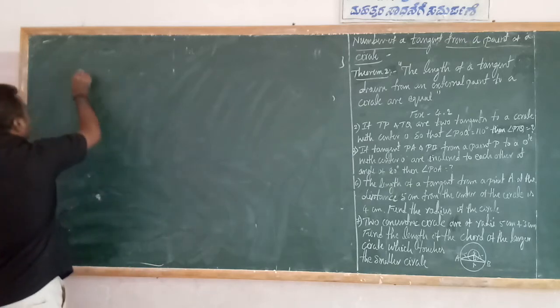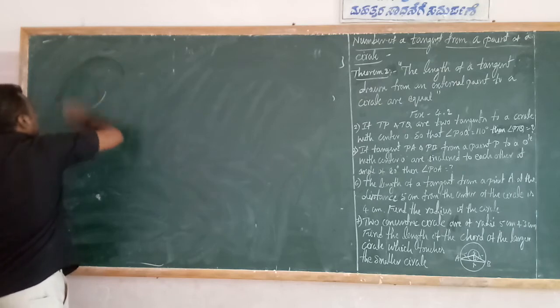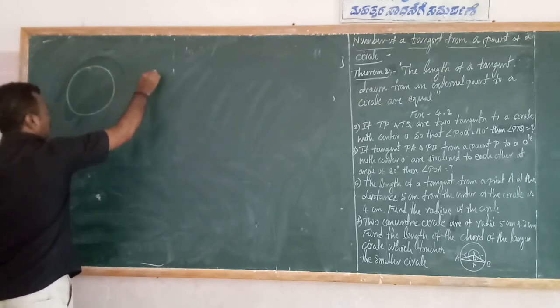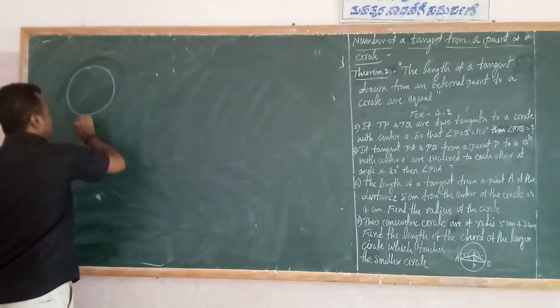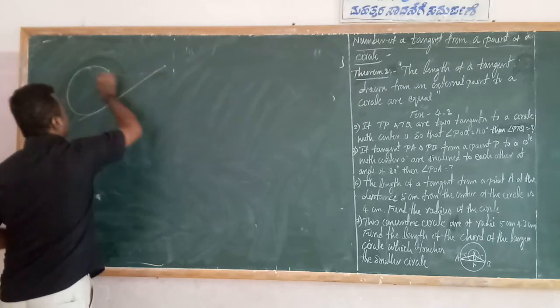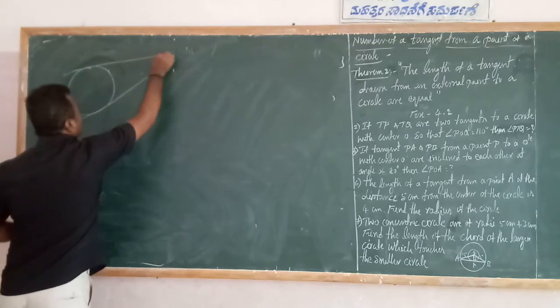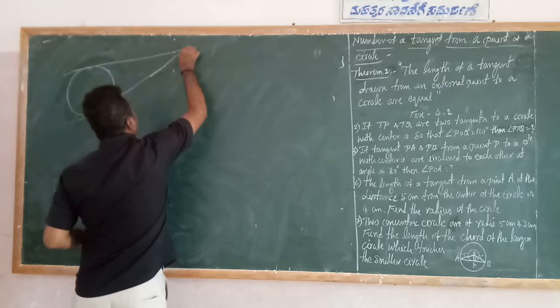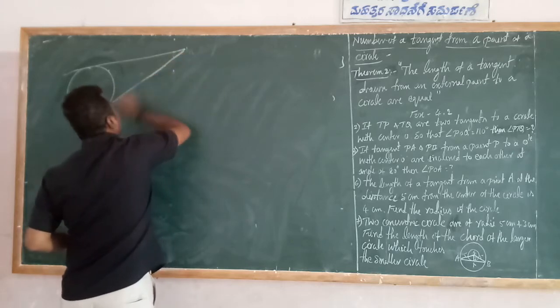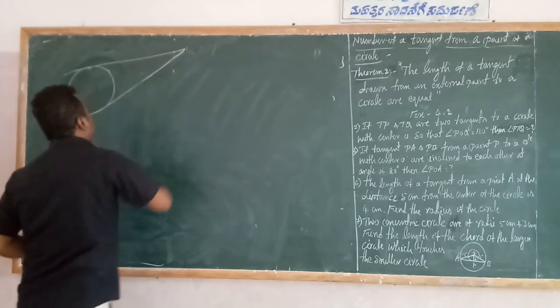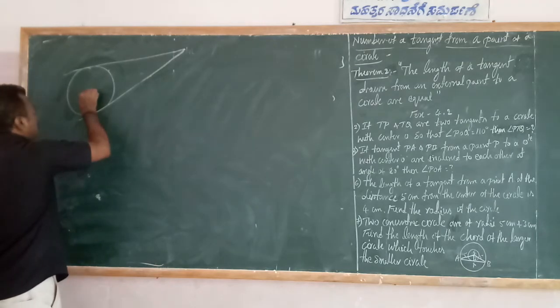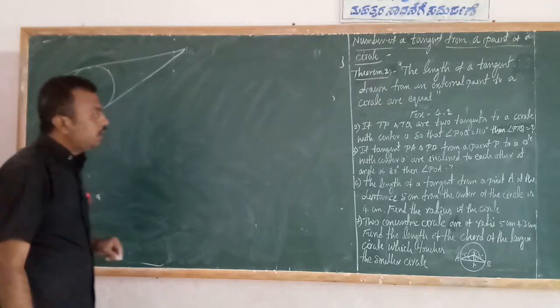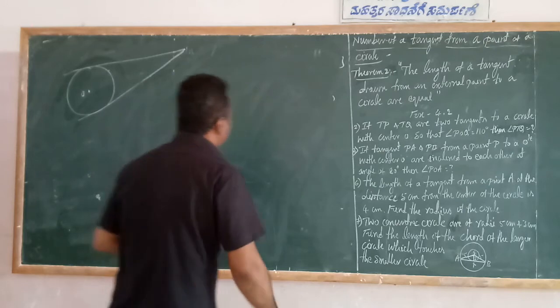First I will draw the diagram. So this is the circle. You have to use this scale. So O is the center, TP and TQ.